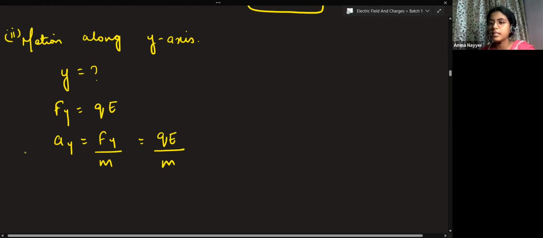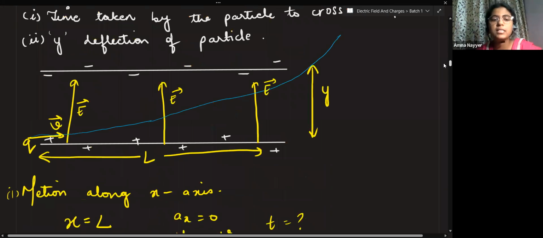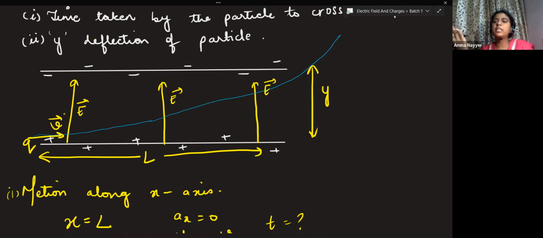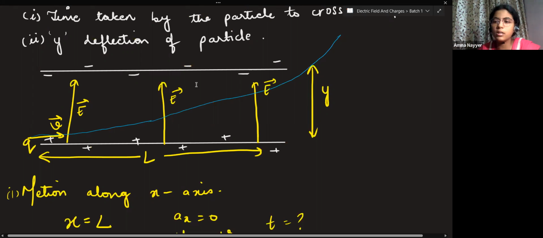This gives you acceleration. So this time we do have the acceleration. The time period we have calculated from the first part, that is L divided by V. Now Uy will be equal to 0. See, the initial velocity is directed only in this direction, the x-axis. There is no velocity in the y direction. It means velocity in the y-axis is 0.